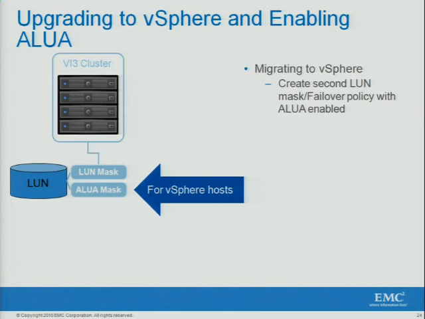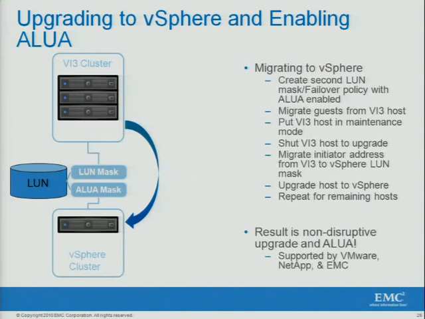But the long story short is, within the storage controllers, when you want to do this in-place migration, if you create a second LUN mask, and this is the LUN mask that would have ALUA enabled on it, as you migrate out one of your hosts, when you put one of your hosts into maintenance mode and you begin the vSphere upgrade on that host, you migrate its initiator addresses out of your LUN mask for VI3 and move it into the new vSphere ALUA-enabled LUN mask, right?